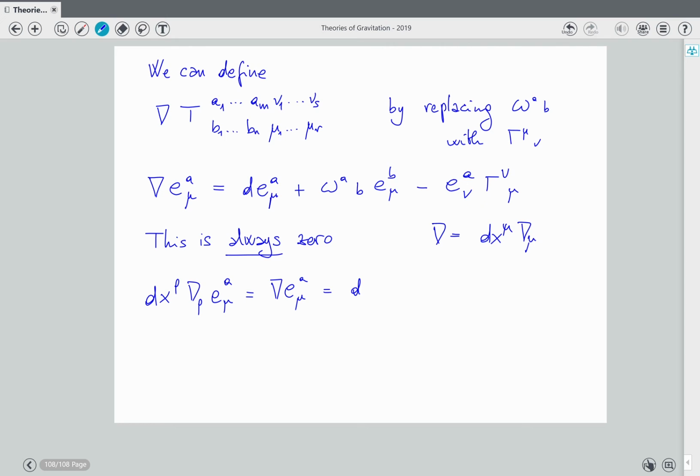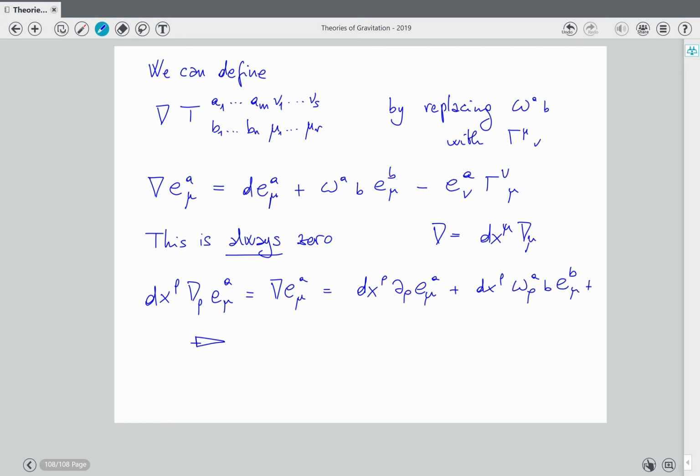So what is to the right? We have dx rho partial rho e mu a. This is the first thing. Then you have dx rho omega rho a b e b mu.